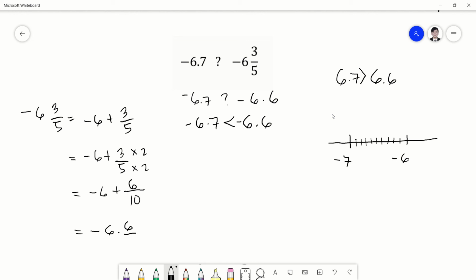This is negative 6. So we'll have to figure out which is 7 so that we can locate negative 6.7: negative 6.1, negative 6.2, 6.3, 6.4, 6.5, 6.6, 6.7. So this is now negative 6.7.